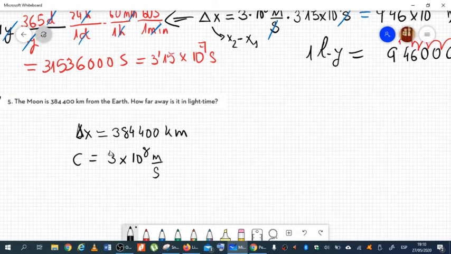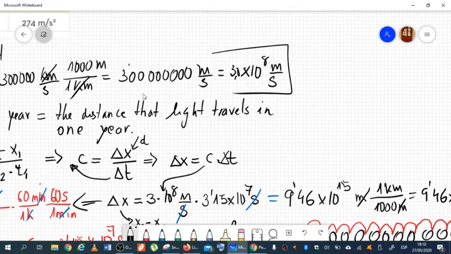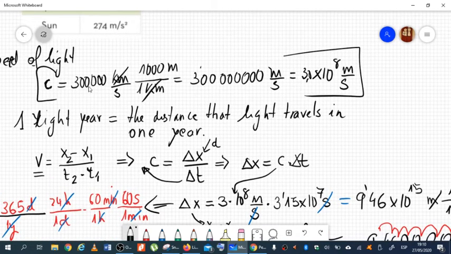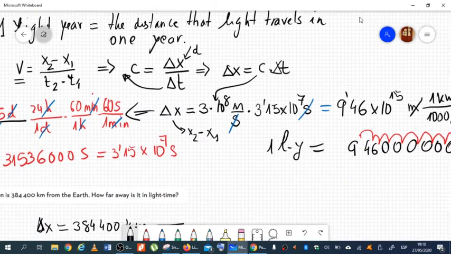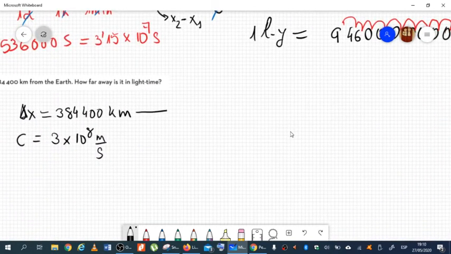If we convert this, where does this number come from? From here. You remember? It is 300,000 kilometers per second, which is equal to this number in the international system. So now we have to pass this to the international system.